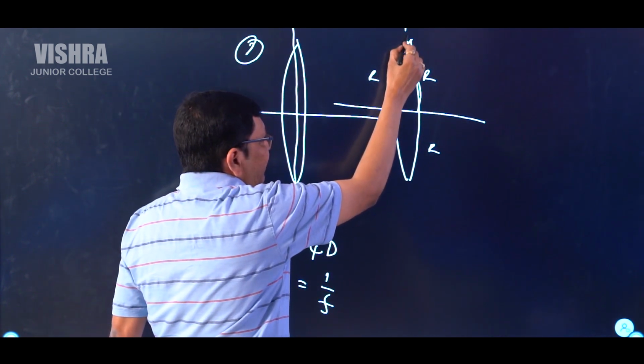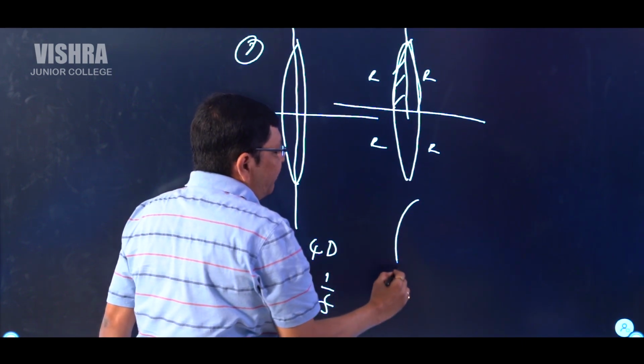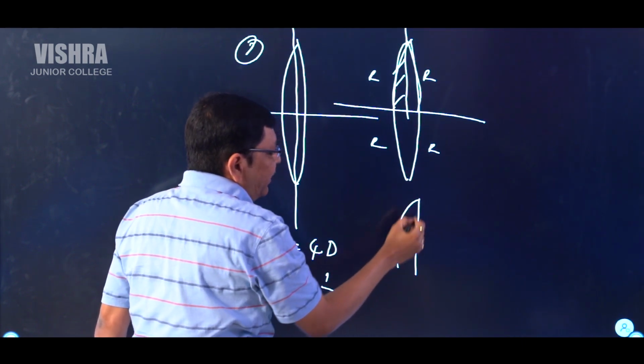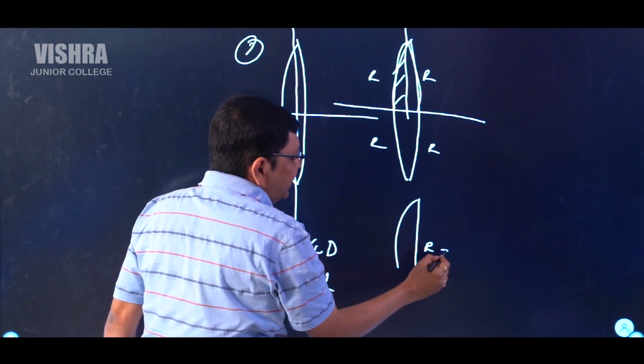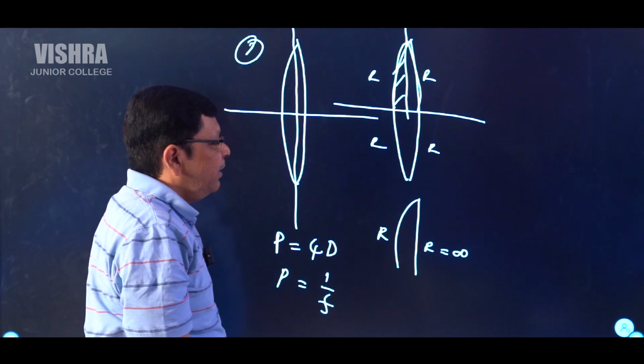Whereas when we make the next cut and take one of the parts, this is a plane surface, so its radius of curvature is infinity, and this one has radius of curvature R.